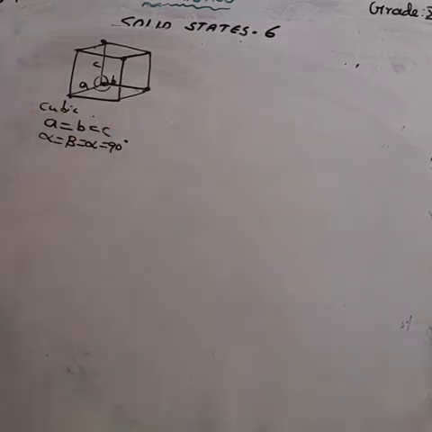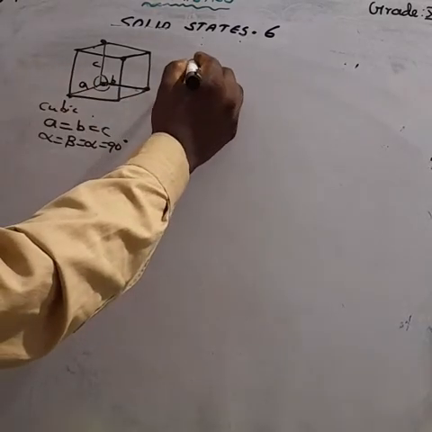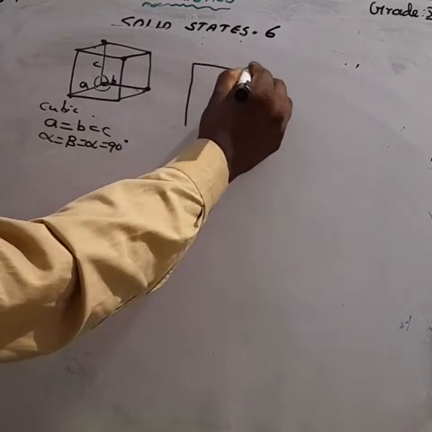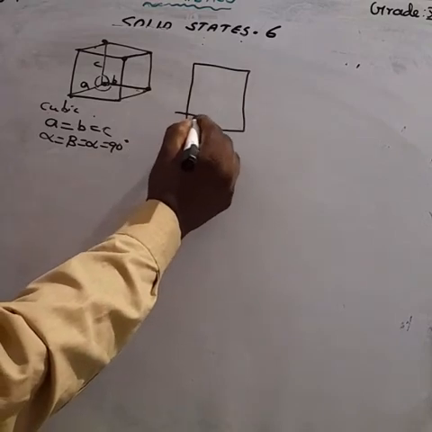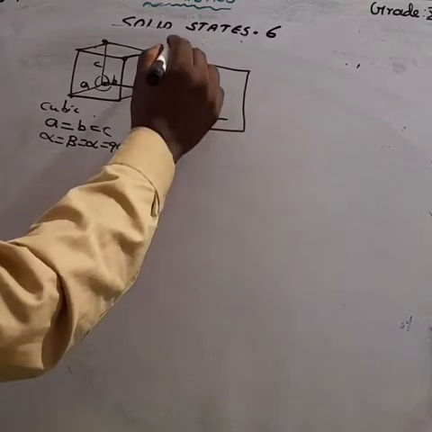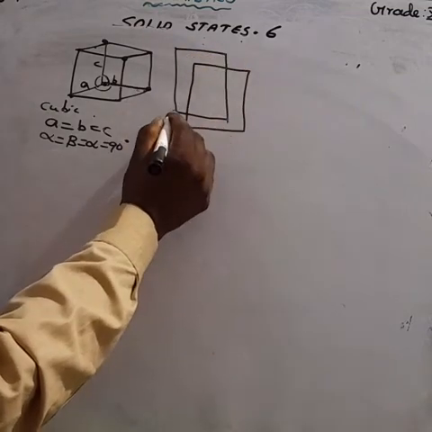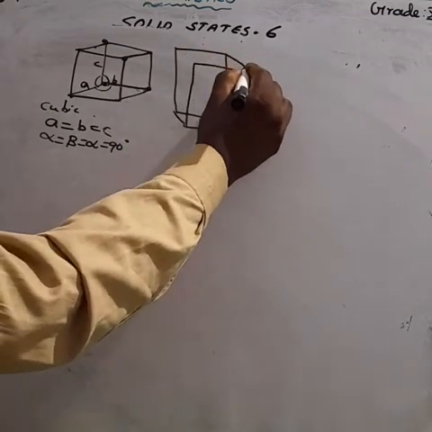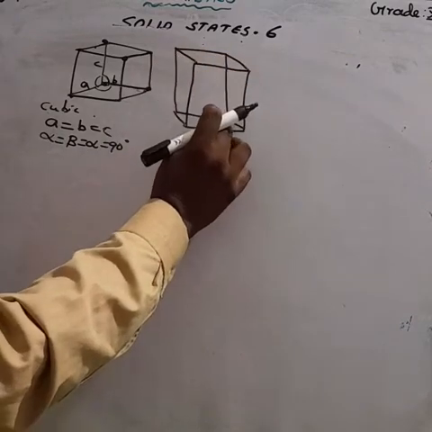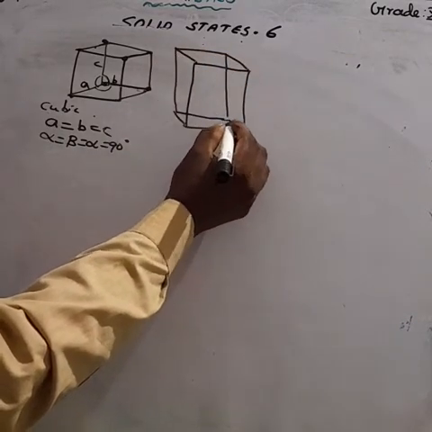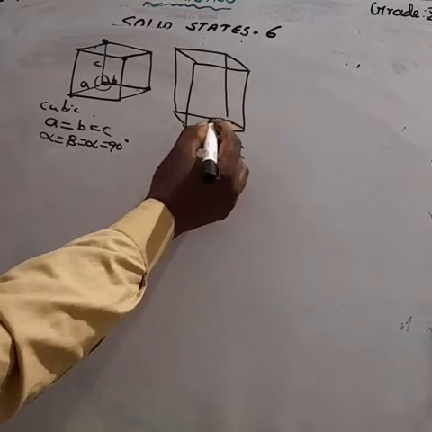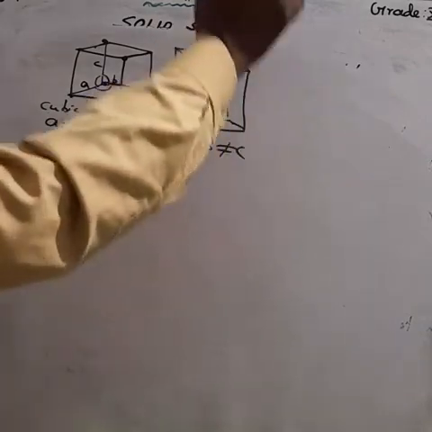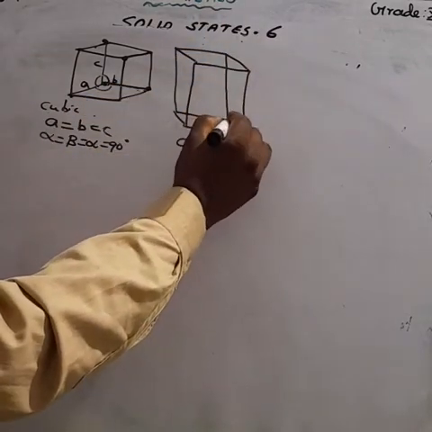Next, as per my order, you have to draw tetragonal. Please look at the tetragonal. I am drawing the diagram. Here a is equal to b, but b is not equal to c, because the c length is higher.